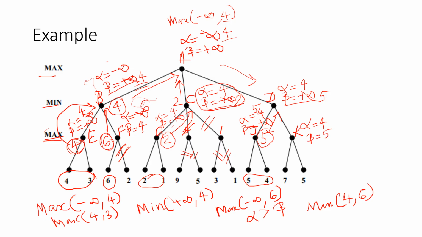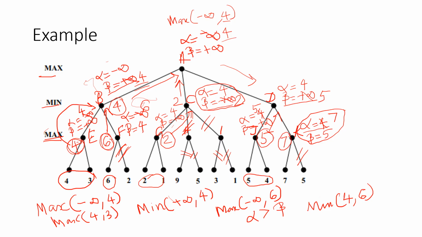Here you can see this is a max node, so alpha will be updated at K. So 7 and 4 will be compared. It is 7. So now the alpha is greater than beta condition is satisfied. So this is pruned. It will not check the next leaf node. So here the min-max value will be 7 only.